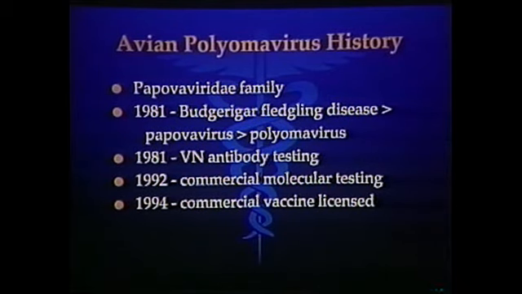In 1992, a better diagnostic technique was introduced commercially, and this is molecular testing based on the polymerase chain reaction method. In 1994, a commercial vaccine was also licensed for use in Psittacine birds to protect them against avian polyomavirus infection.